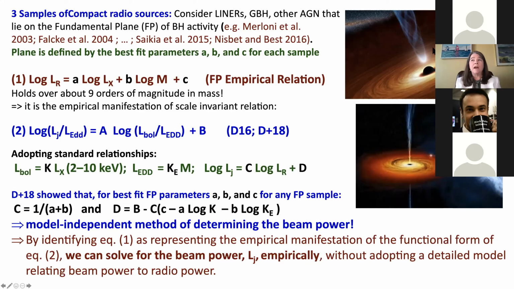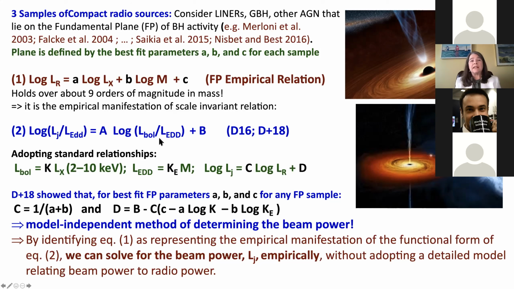So now we're talking about compact radio sources, such as Seyfert galaxies and liners, another type of AGN, and stellar mass black hole systems. So this has been found to apply over a very, very broad range of mass, about 9 orders of magnitude, relating the radio luminosity of the compact radio source, the X-ray luminosity of the gas around the source, which we're calling the accretion disk, and the black hole mass.